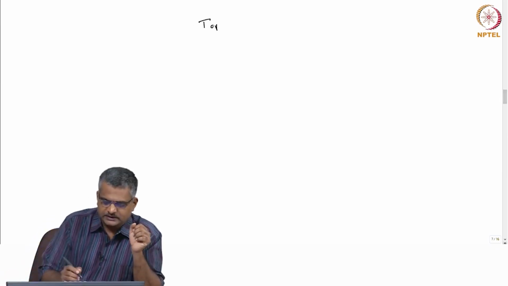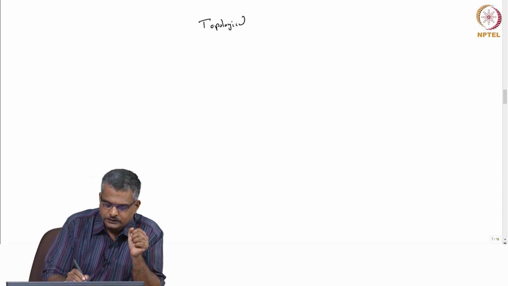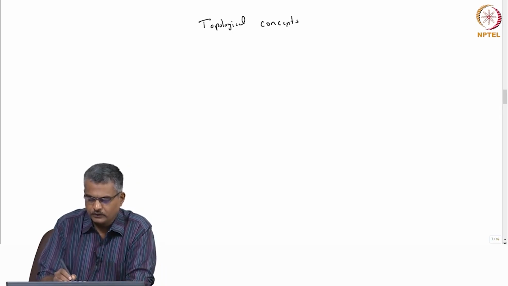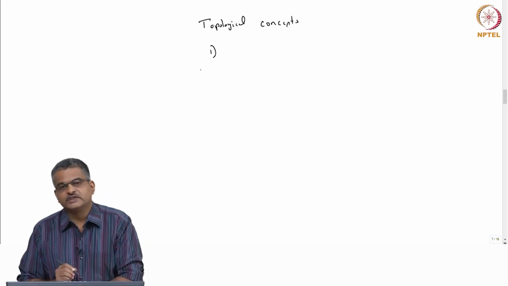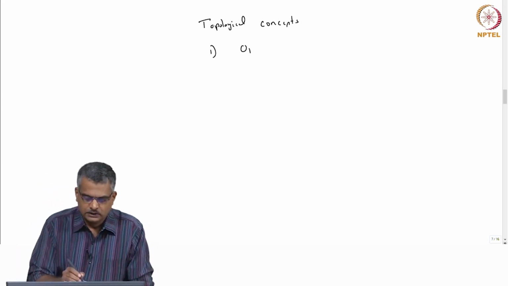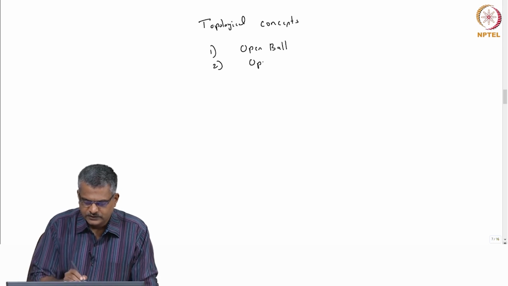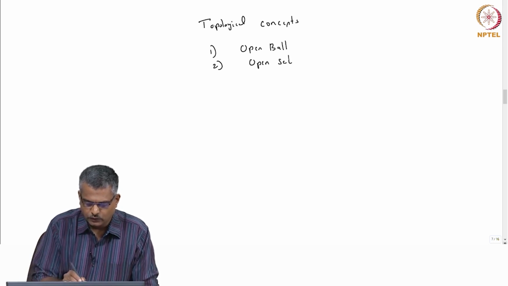So, the notions that we need to understand are as follows. These are topological concepts drawn from point set topology. To begin with, we need the notion of open ball, which leads us to the definition of open set.